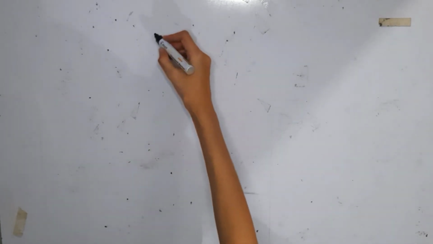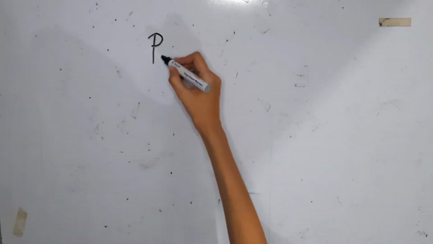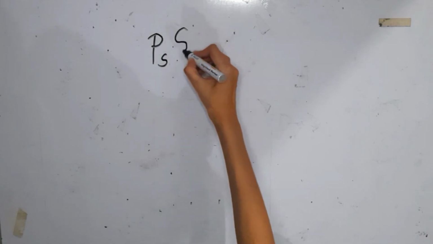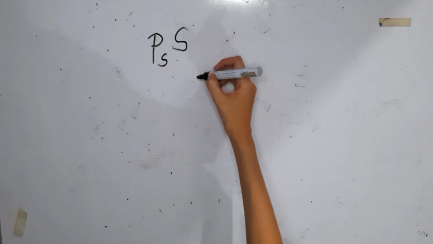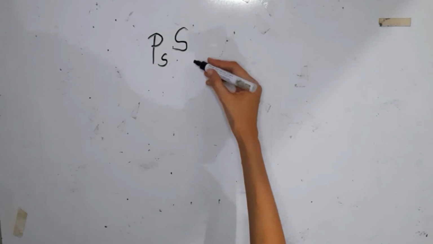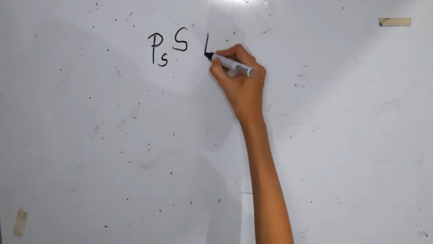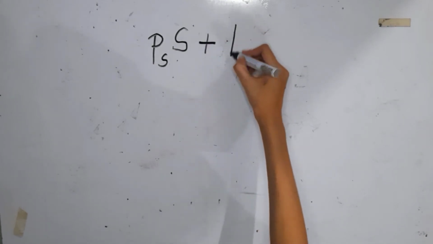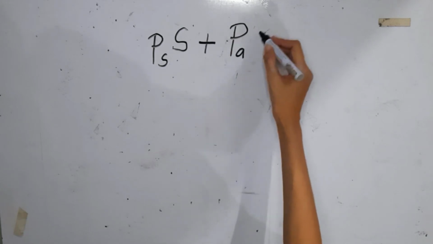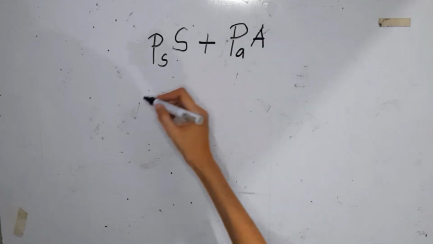So the price of steel will be denoted as price of steel, and the price of aluminum can be denoted as price of aluminum.